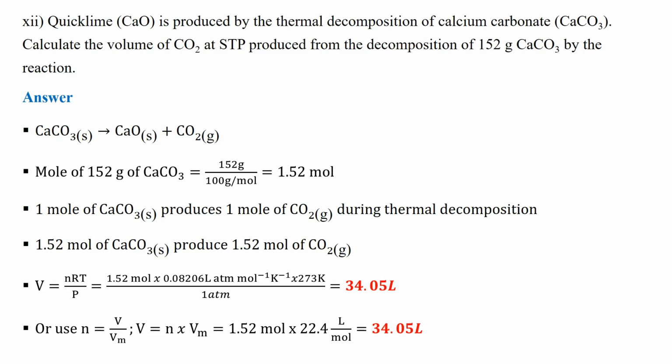We know the volume is equal to nRT over P. Then we replace the number of moles, the gas constant, the temperature and the pressure, and we obtain 34.05 liters. Because we are at STP, we can also calculate the volume by taking the number of moles times Vm, which is the molar volume, the volume occupied by 1 mole of gas at STP. So you also obtain the same answer.